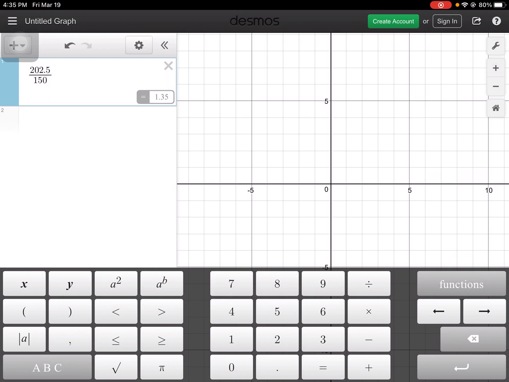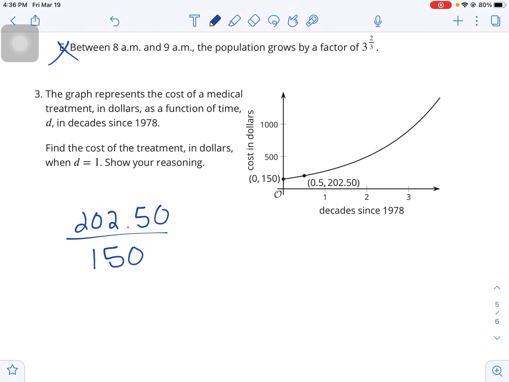So it looks like it's going to grow by that again. So we could just take the 202.50 and multiply by 1.35, since that's another half decade. And so I want to multiply by 1.35, and so I get about 273.4.